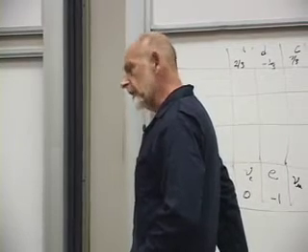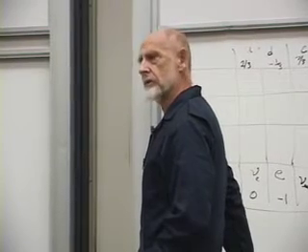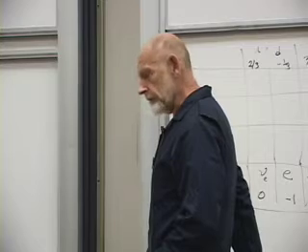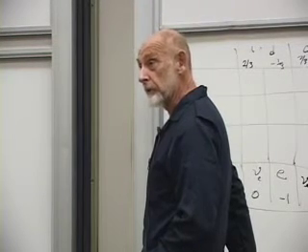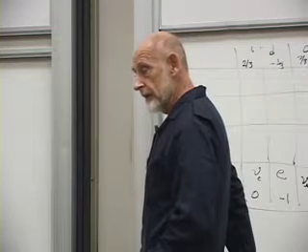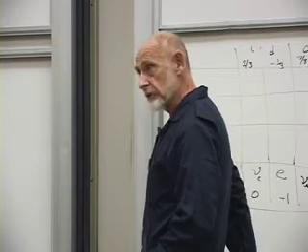Well, let's put it this way. The effects of the statistics, fermion versus boson, is only interesting when you have a situation where you create more than one particle. So more than one particle pretty well near each other, pretty much in the same state.